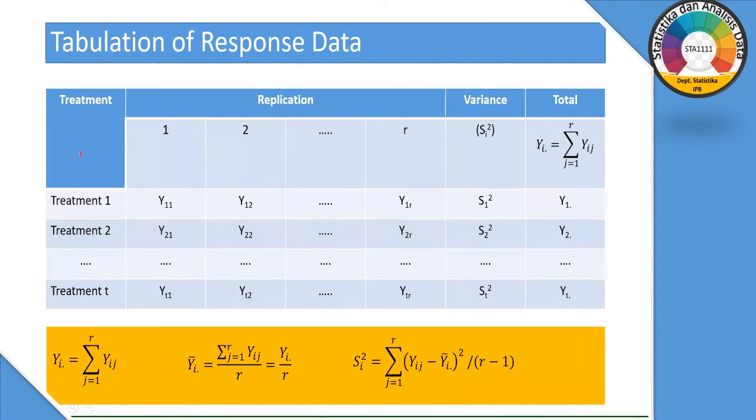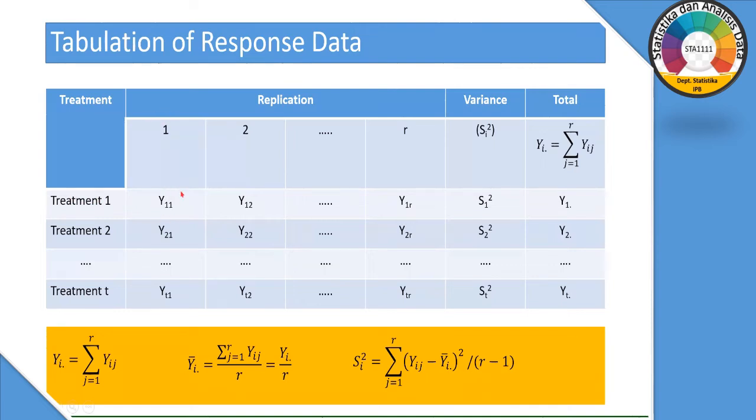Maybe you can give a code of the treatment, let's say dose of 5, dose of 10, or dose of 15, right? This is replication number 1, 2, 3, or 4, depending on the number of replications. And then here is the result of the first measurement. First treatment, let's say dose of 5, replication number 1, you put here.